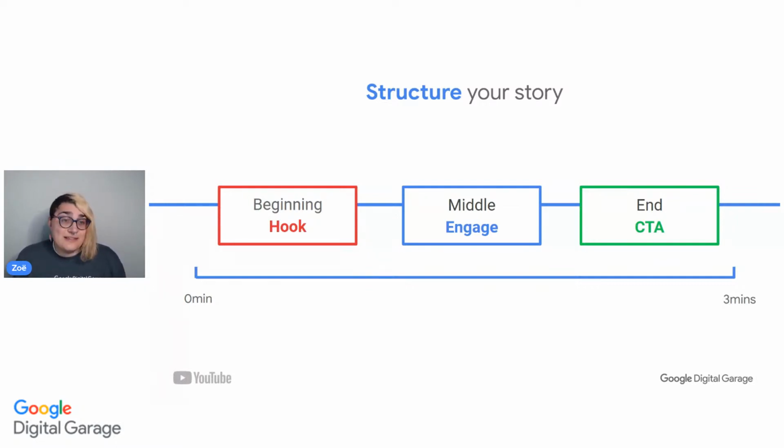So the example I always think of is the first ever Star Wars movie. I don't know if any of you have seen Star Wars. I hope you have. But the first Star Wars movie starts with just a black screen, and then there's that big orchestral music and the title crawl. There's a crawl of text that tells you where are we now? What's happened? What's the beginning of the story?